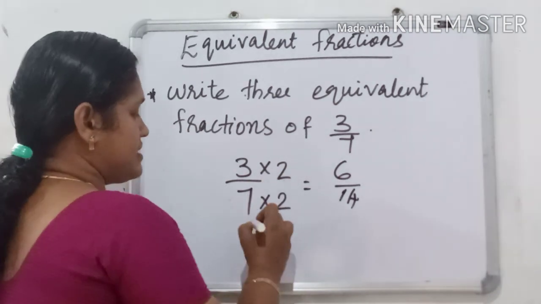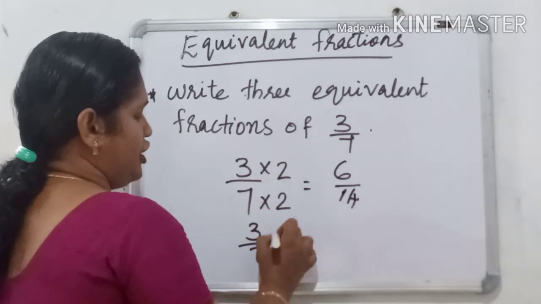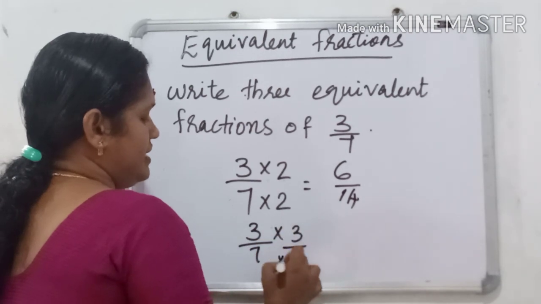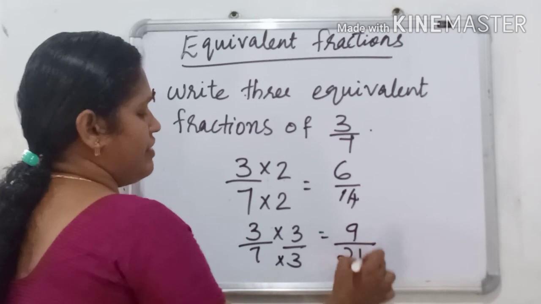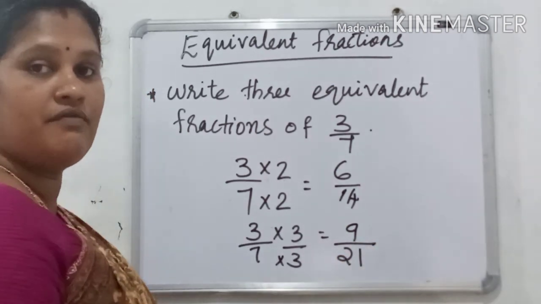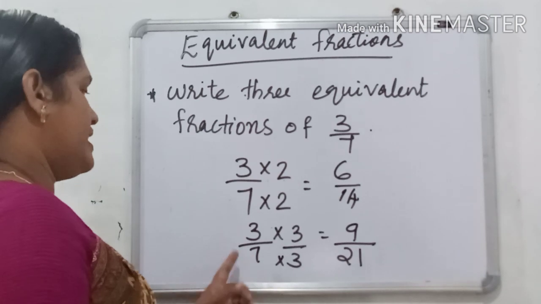How do we find the next? 3 by 7 into 3 by 3, which is equal to 9 by 21, is an equivalent fraction of 3 by 7.